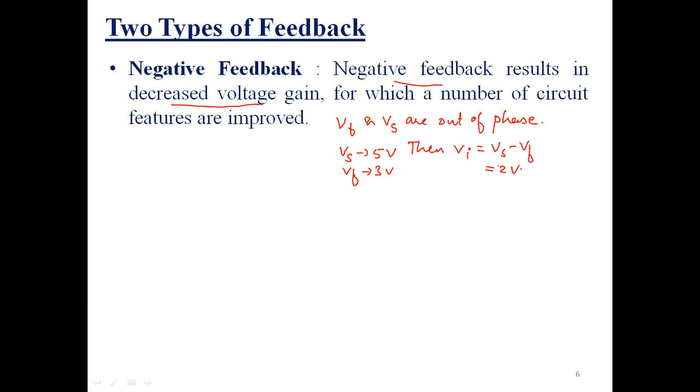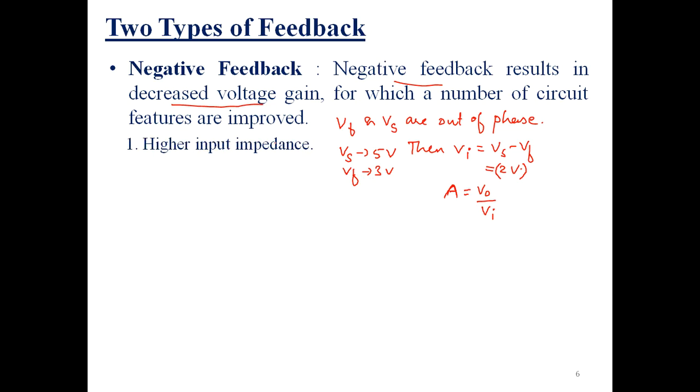So if the input after feedback has reduced, then it is quite obvious that the gain, which we usually represent by the symbol A, which is Vo by Vi, also reduces accordingly. Now what are the other features?